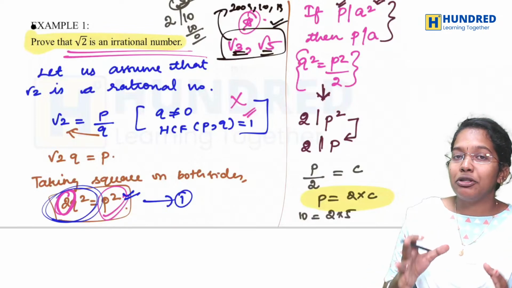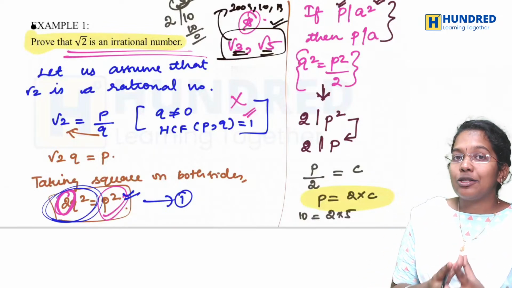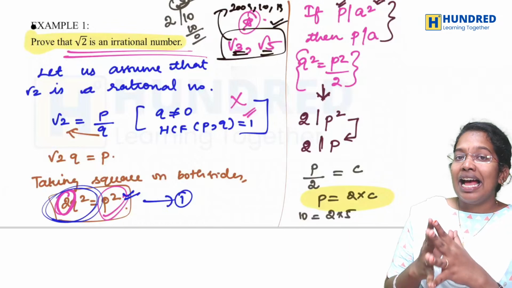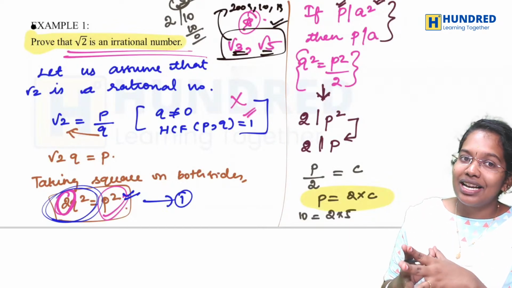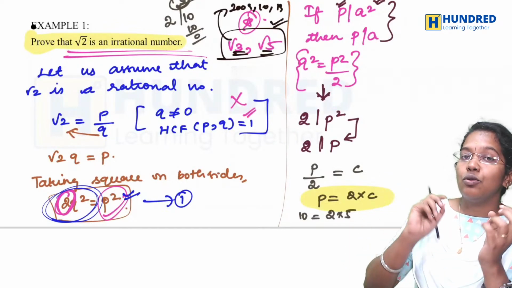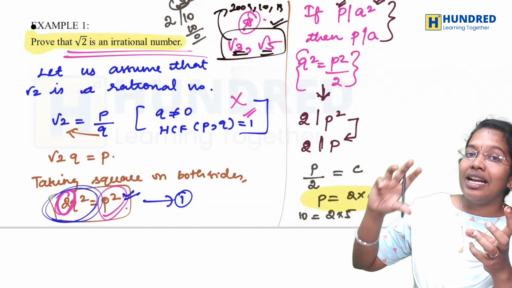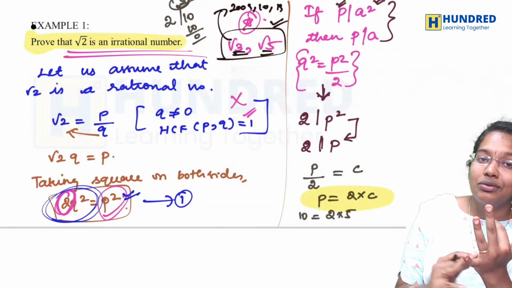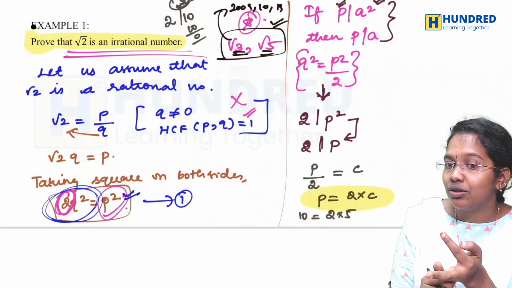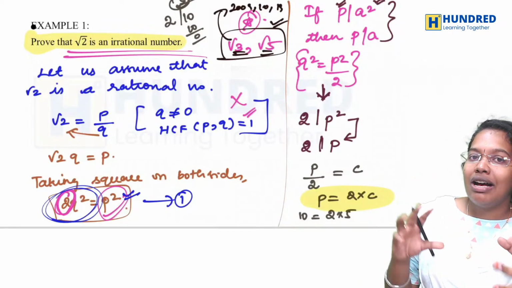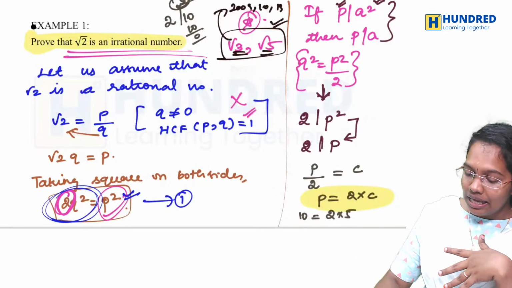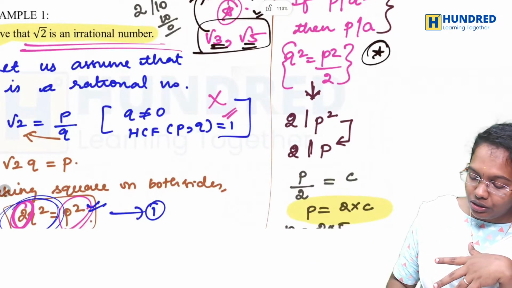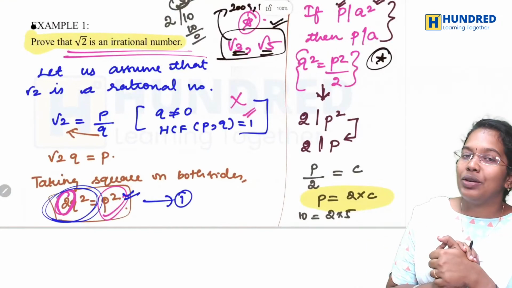First, for proving a number to be irrational, we assume the number to be rational, and by using the definition of rational numbers, we write the root 2 value as p by q, and you have to write these conditions on the side: q should not be equal to 0, and the HCF of these two numbers will be 1. After that, we do this process, and this theorem is the most important thing in proving irrationality.